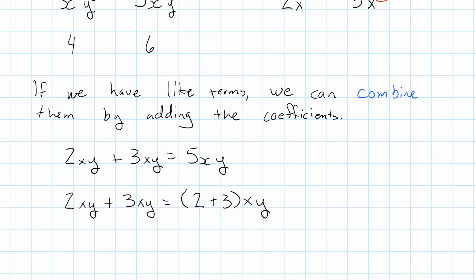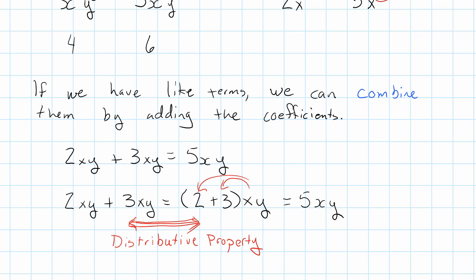This is just the distributive property backwards, right? To go from here to here, we would be applying the distributive property. But of course, equal signs work both ways. If we can go from right to left, we can also go from left to right. So 2xy plus 3xy is (2 plus 3)xy, which gives us our 5xy.